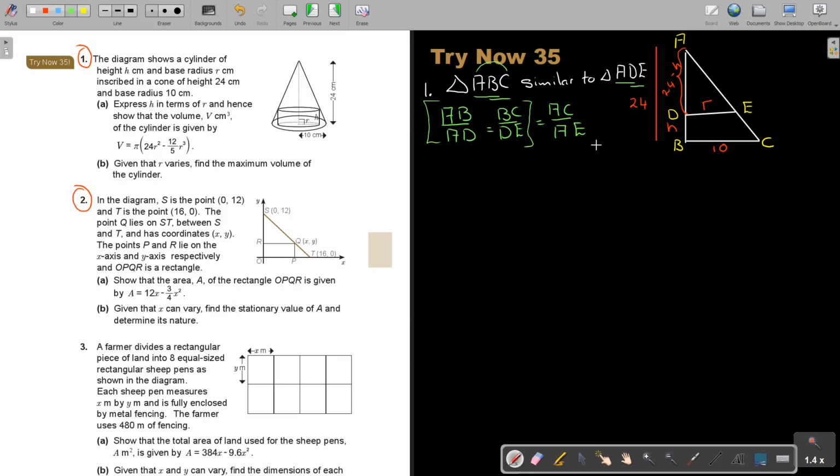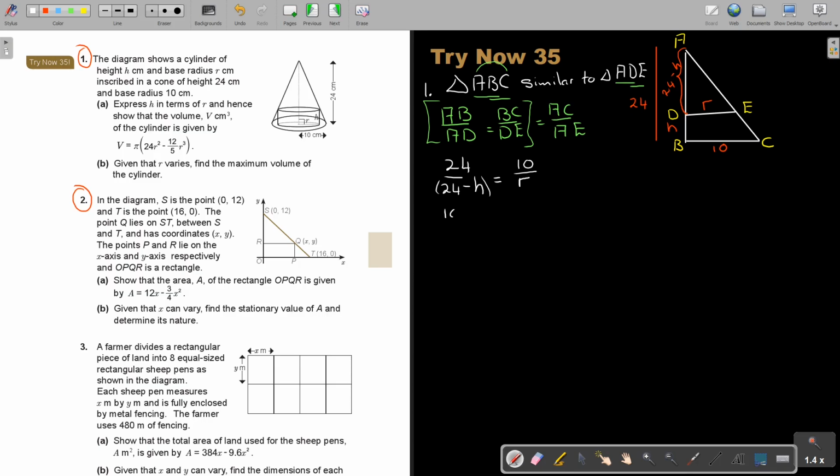If I'm working with these two, then I'm just starting to fill in. In the place of AB, I put 24. In the place of AD, it's 24 minus h. In the place of BC, I put 10. And in the place of DE, I put r. Now I just cross multiply.